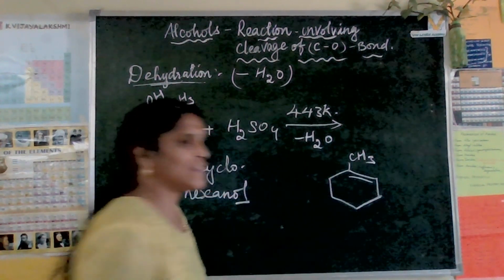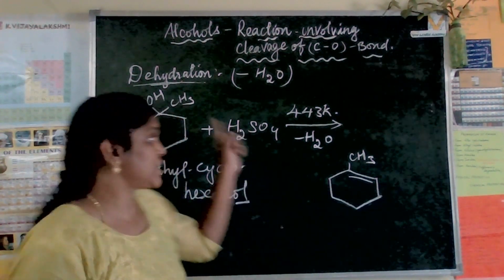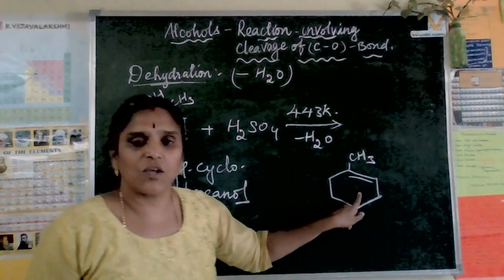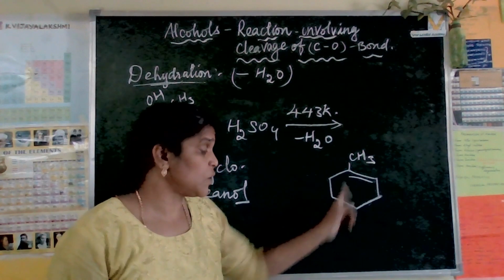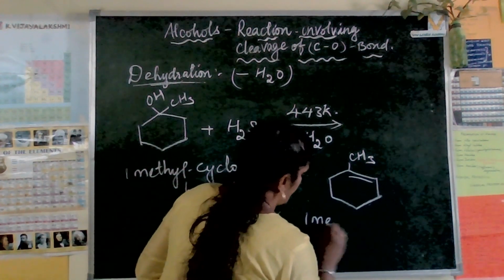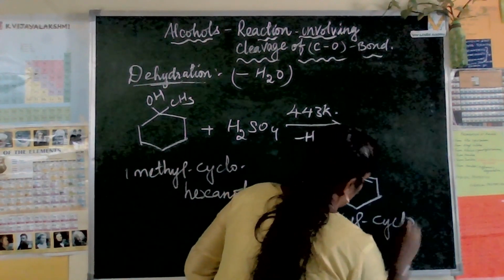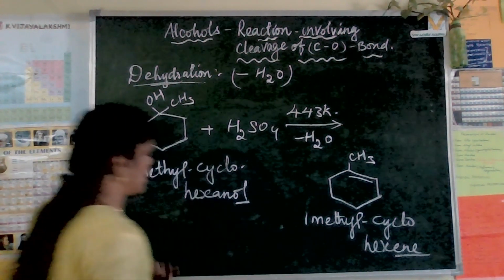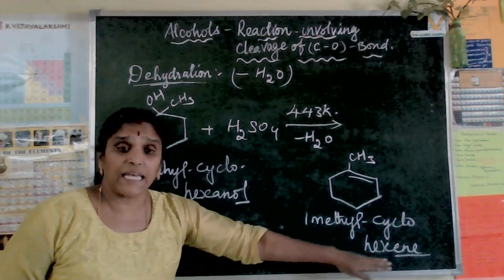So 1-methylcyclohexene, because of removal of water from OH here and one hydrogen here. So here you will get the double bond. 1-methylcyclohexene, an ENE compound. So alcohol, OL, is converted into alkene, ENE.